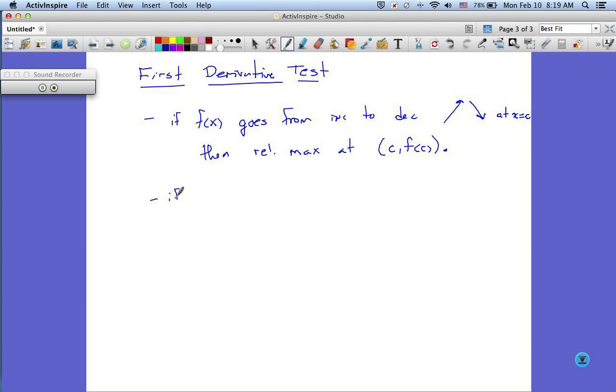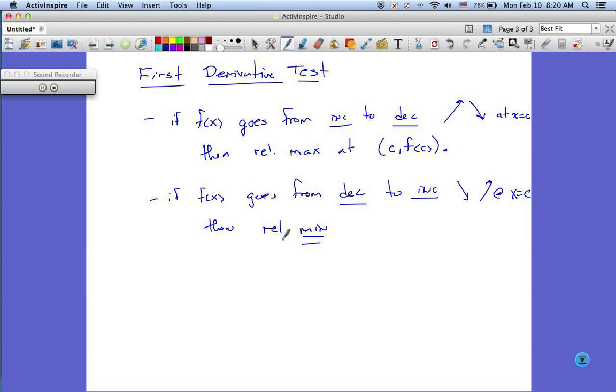Conversely, if f of x goes from decreasing to increasing, this was increasing to decreasing, so now we're decreasing, and then we're going to increase at x equals c, then we have a relative min. Right? This was a relative max because it went up and down. This is going down and up at c comma f of c.